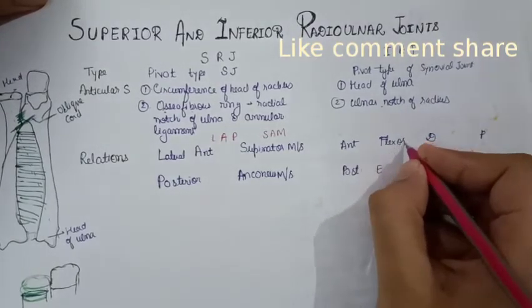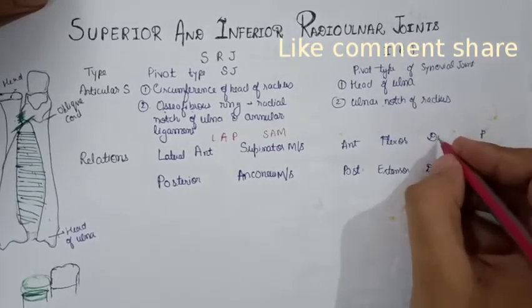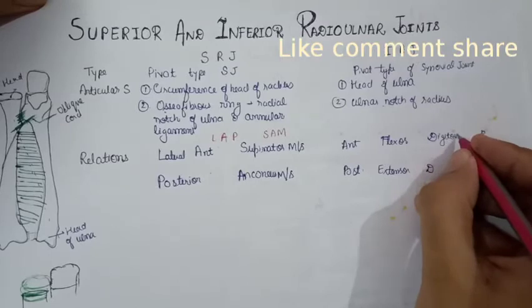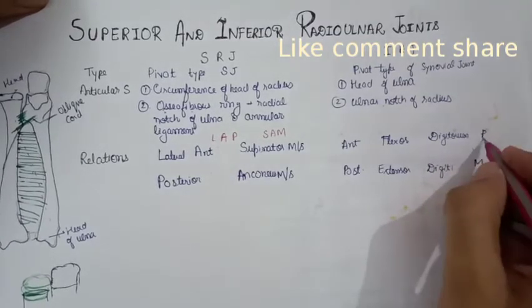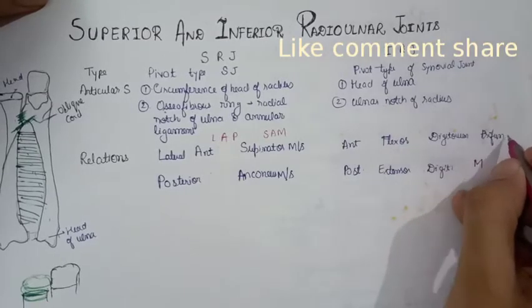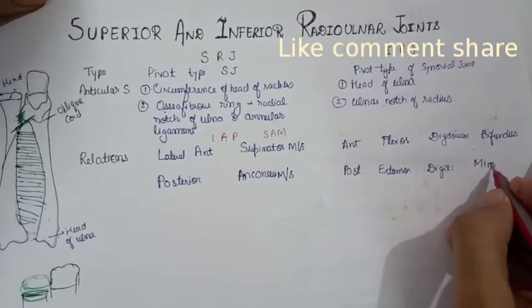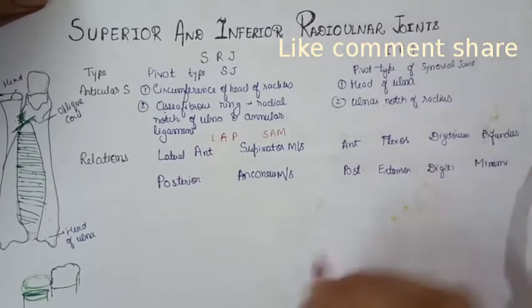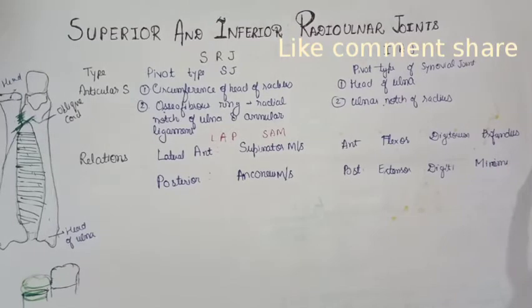Flexor, just opposite will be extensor. Digitorum, opposite digiti. Profundus, and it will be minimi. So these are the anterior and posterior relations of the inferior radioulnar joint.